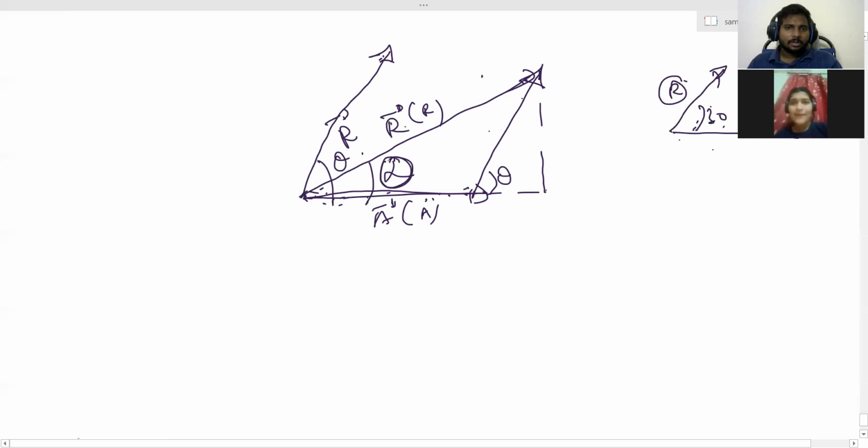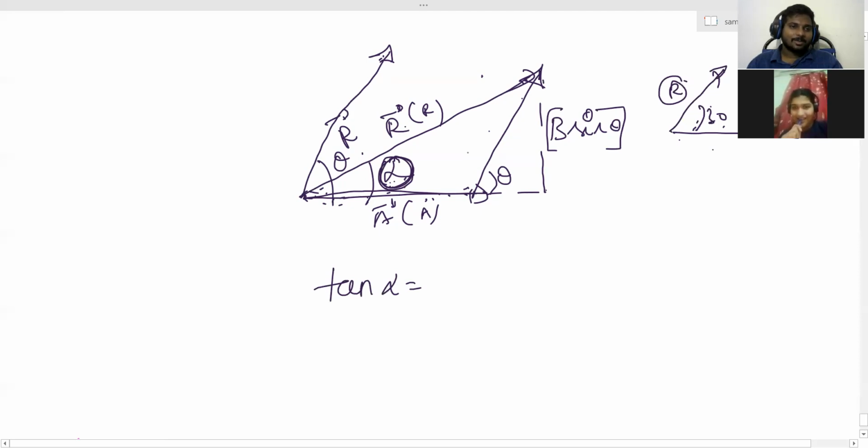Now this alpha we can find by trigonometry, sir. That's it. Trigonometry means what? Tan alpha is nothing but tan what? Tan alpha is opposite side by adjacent side. The opposite side is B sin theta. You told adjacent by opposite. I will punish you.